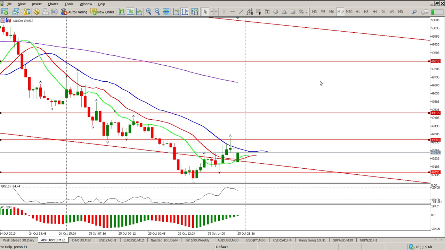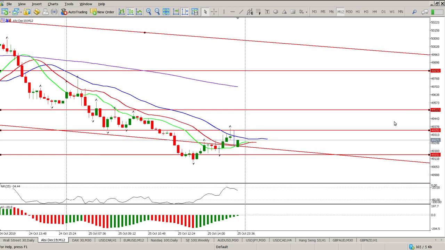So for me, it's long, and looking for a move back to the top of the channel. There's my first fractal, there's my second fractal. There was my break, retest, and we've moved. So lots of signals here for a long at the moment.